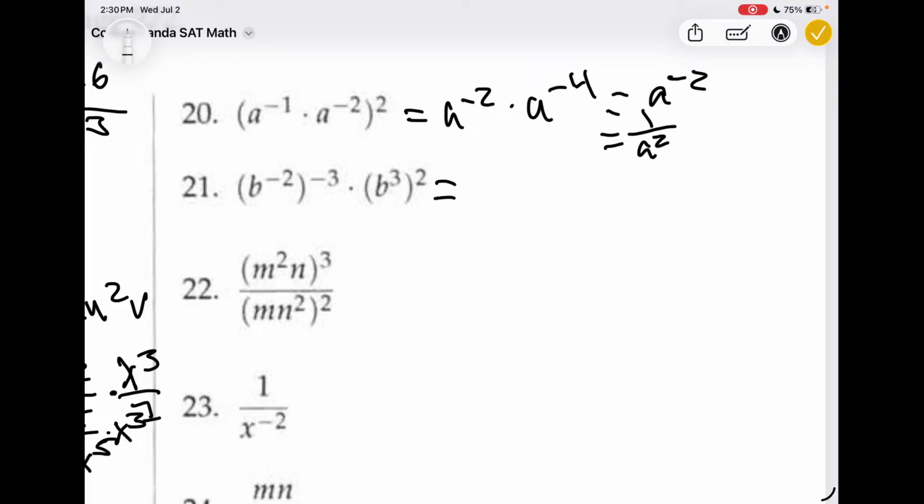So that equals b, since we multiply, negative times negative is a positive, so I'm thinking it's b to the 6 times b to the 6 again, which is equal to, no wait, that's equal to b to the 12th.